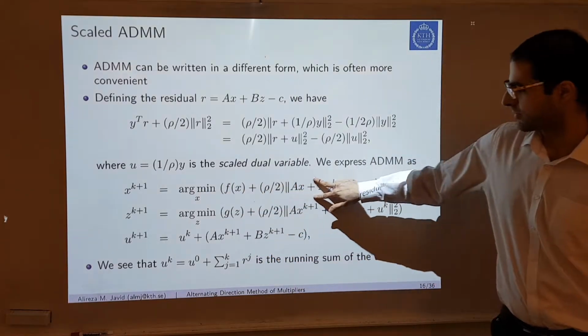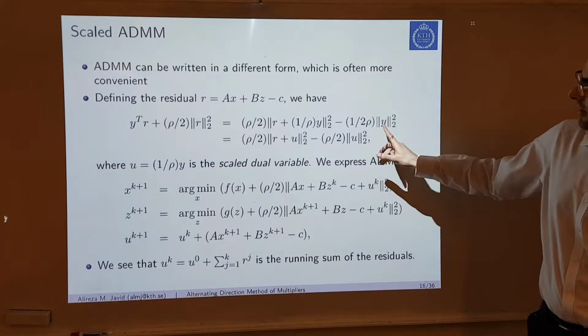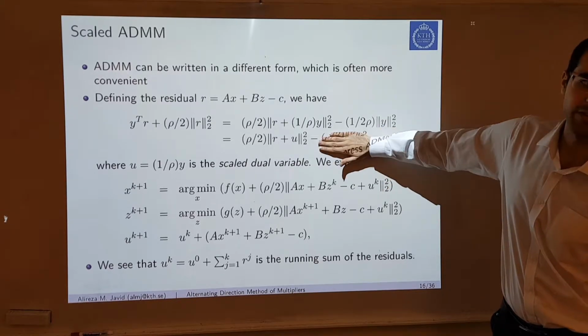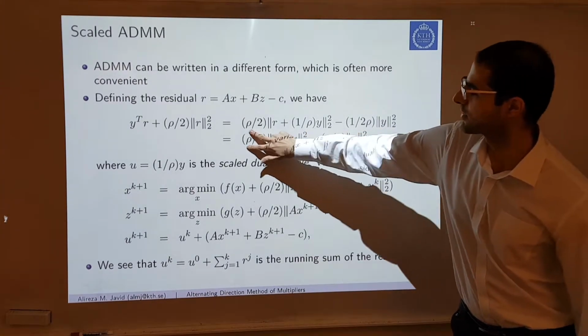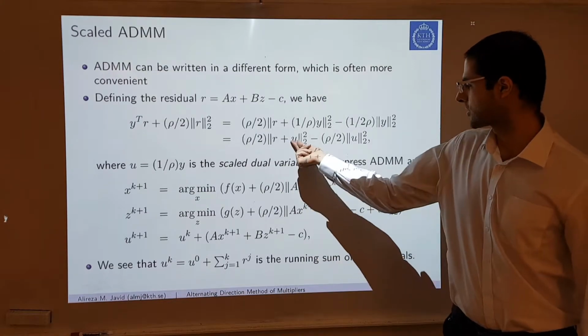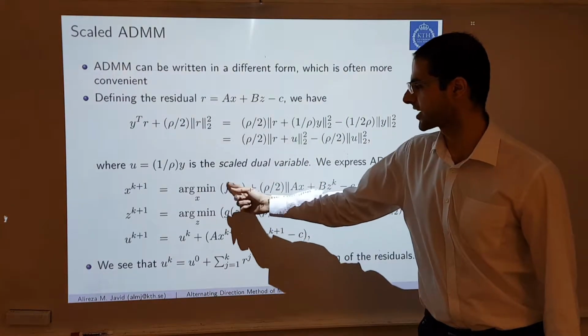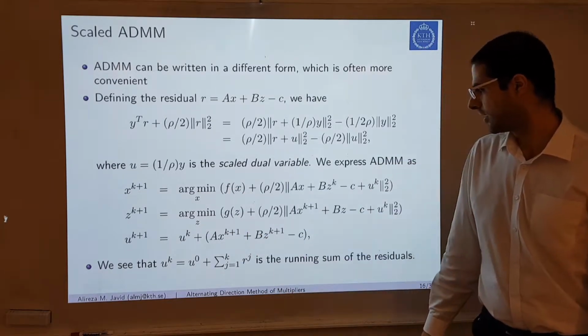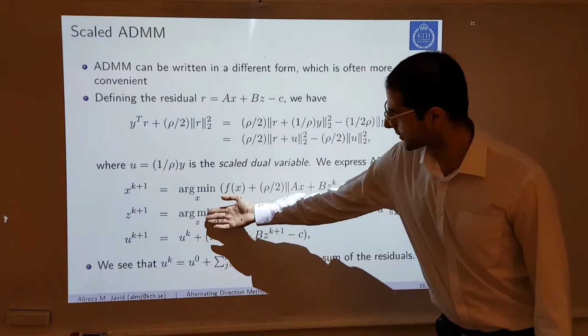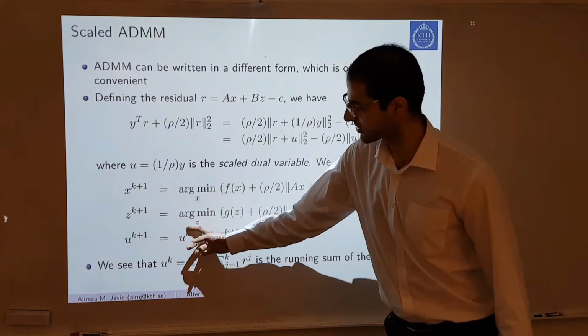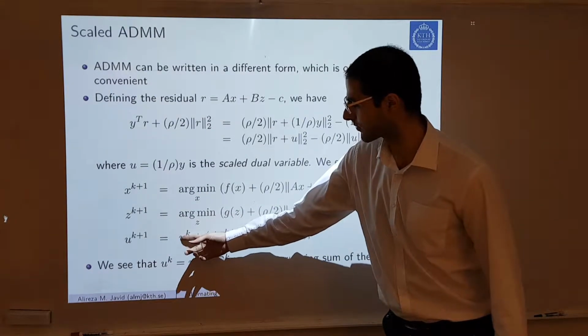The first step is the minimization over x. We will not see this term because we are minimizing over x, so we don't have g. You're only minimizing f plus this term: the residual plus u, times rho over 2. The second one is very similar, but only over z. The third step was the updating of y.